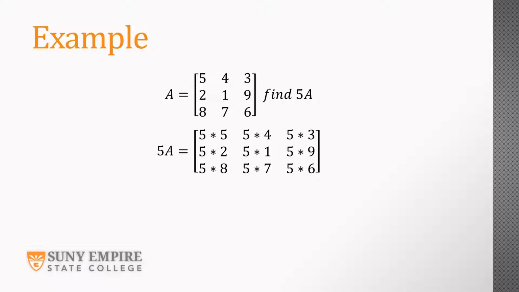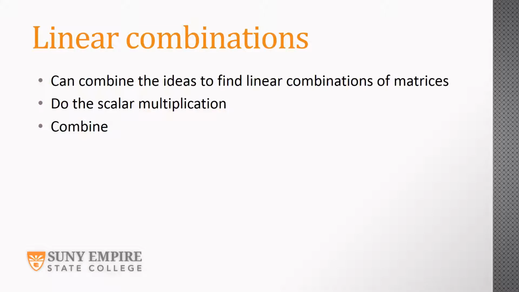So 5A equals 25, 20, and 15, then 10, 5, and 45, then 40, 35, and 30.